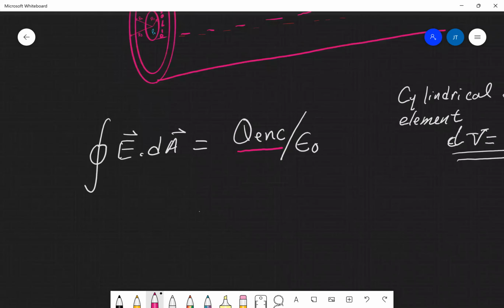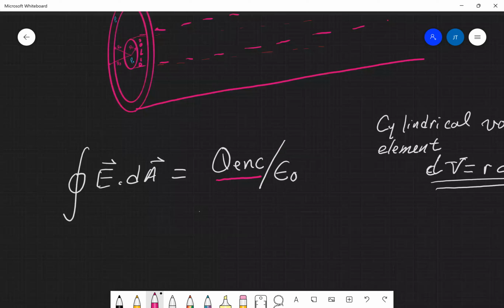So before we decide what ρ1 and ρ2 are, or just take examples with ρ1 and ρ2, let's go ahead and do this equation as if we know what Q enclosed is. And then our job is to compute Q enclosed in these four regions, based on ρ1 and ρ2. All right.